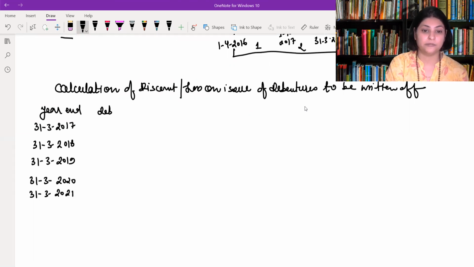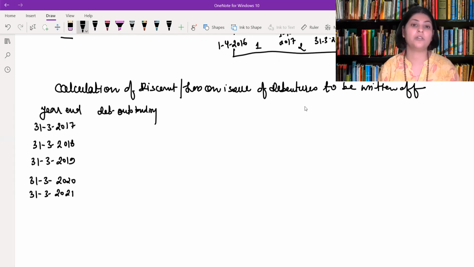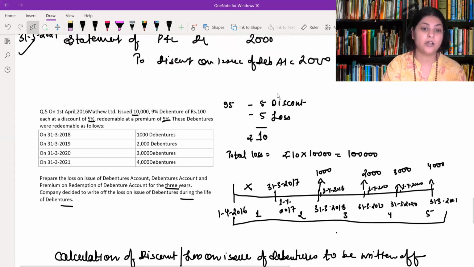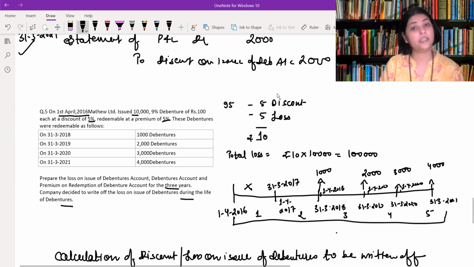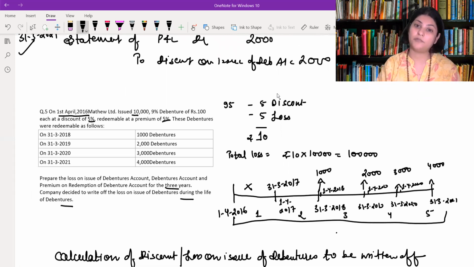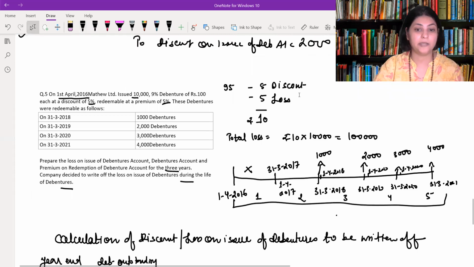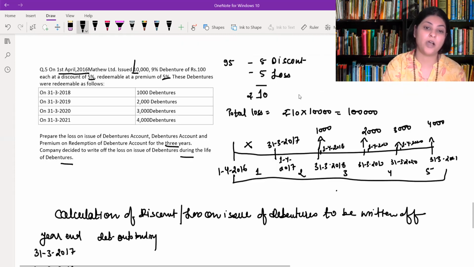Debentures outstanding. So for debentures outstanding, see in the year 1, when company issued debenture on 1st April 2016, you can see the date over here, it is written on 1st April 2016, company issued the debenture, but in the year of issue, company did not redeem any debenture. So how many debentures will be outstanding?